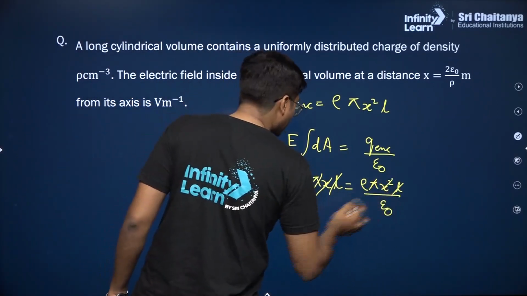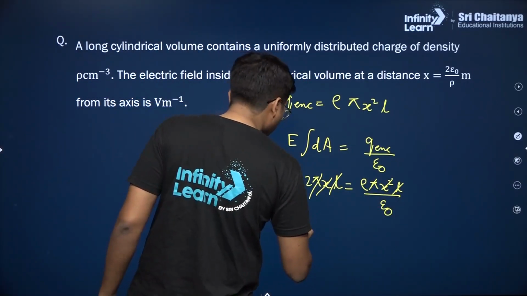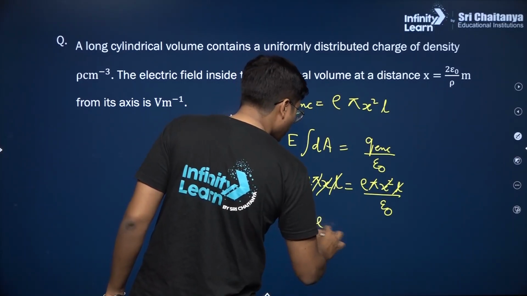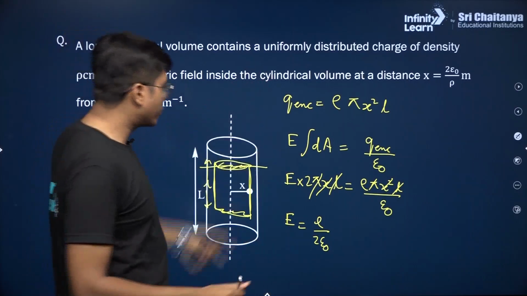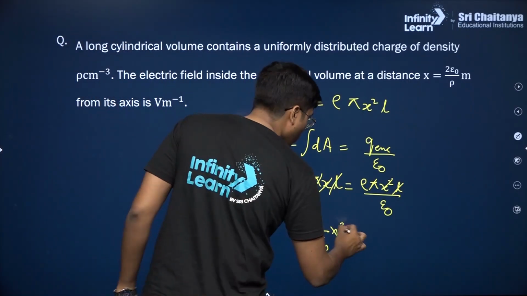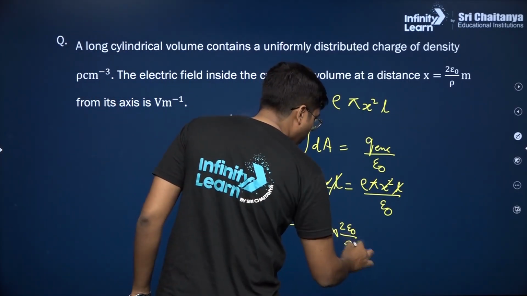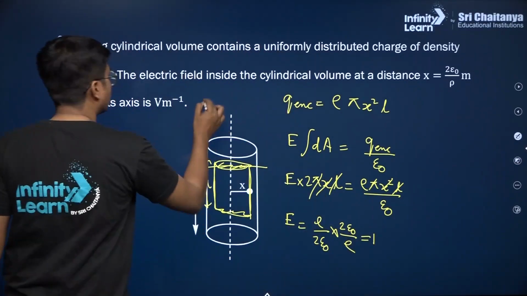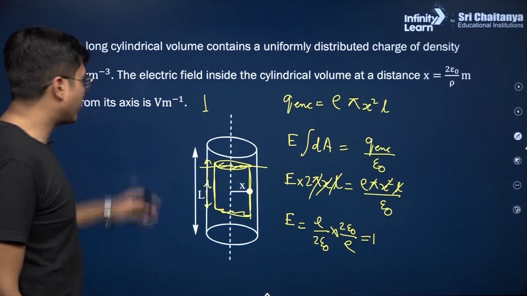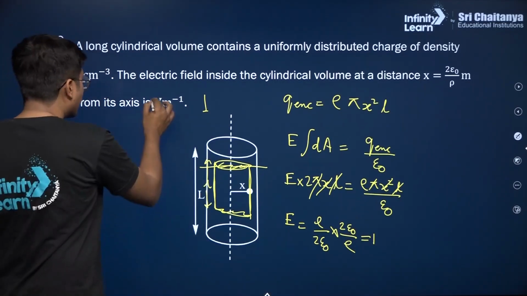One of the x cancel out as well, you bring the 2 down. So E is equal to rho by 2 epsilon naught into x, and x is given as 2 epsilon naught by rho. So everything cancels out. Your answer is 1 for this. Electric field is 1 volt per meter.